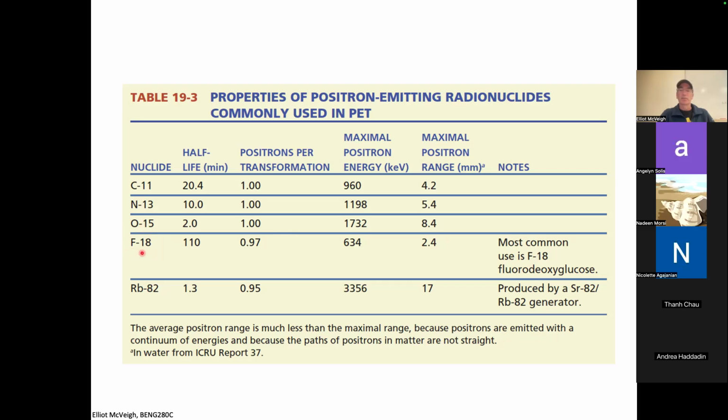F18 is usually put on a molecule called fluorodeoxyglucose. So you take a sugar, and instead of one of the hydroxyl groups, you put this F18 on it. So now it's a modified sugar, and that just gets thrown in and metabolized. Oxygen 15 is used mostly in water.